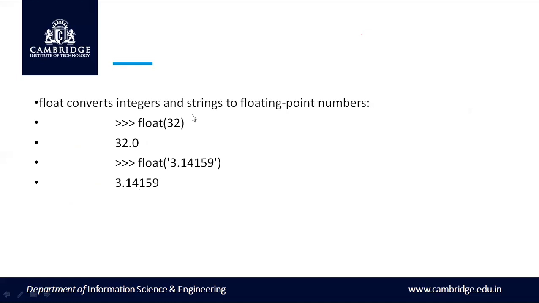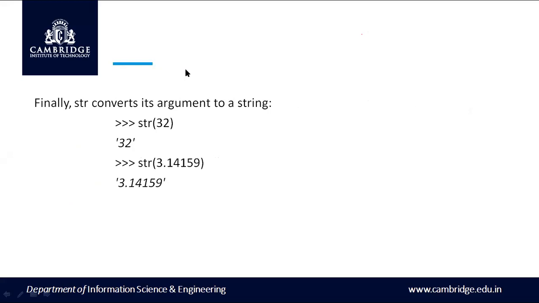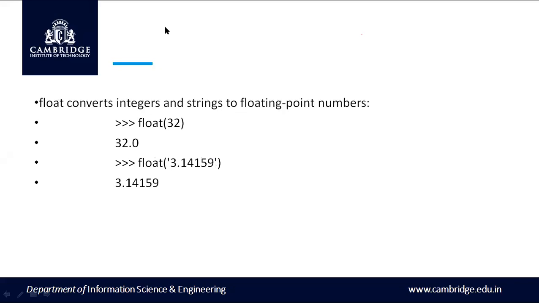Also, an integer can be converted to a floating point number using the function float. Here is the example for the type conversion of integer to float using the function float.